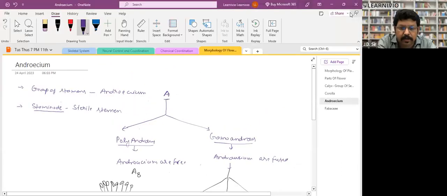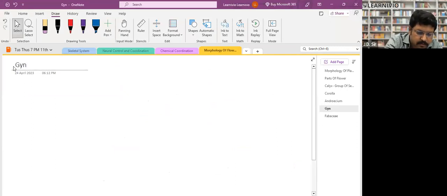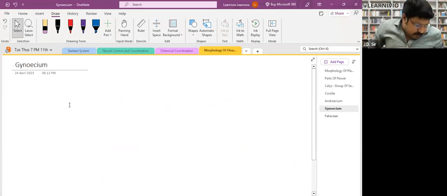Now the last one, that is the gynoecium. Gynoecium is just the ovary, right?